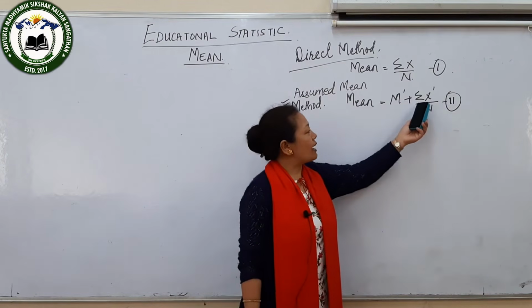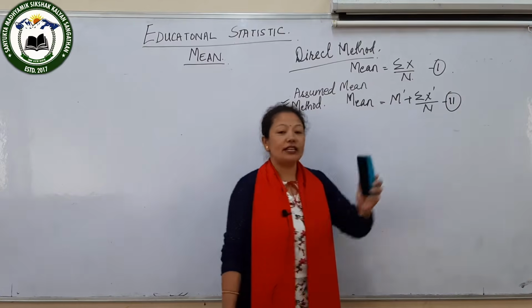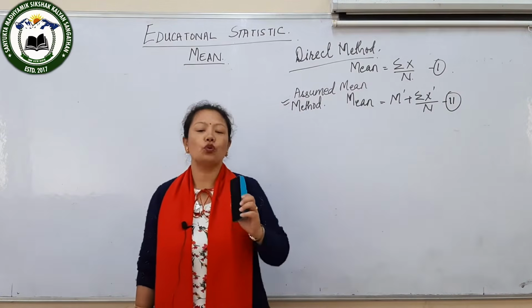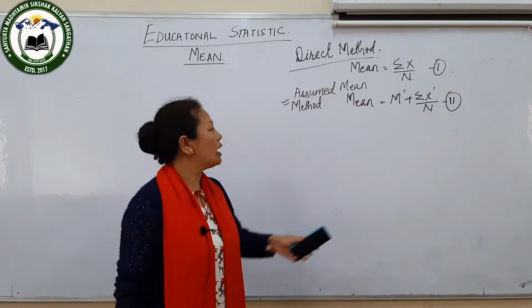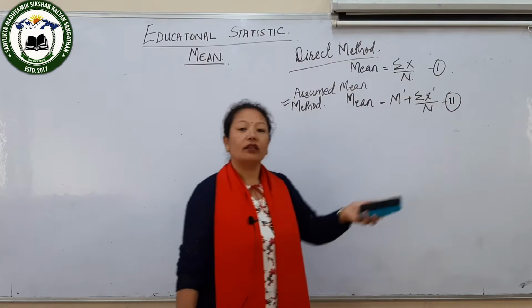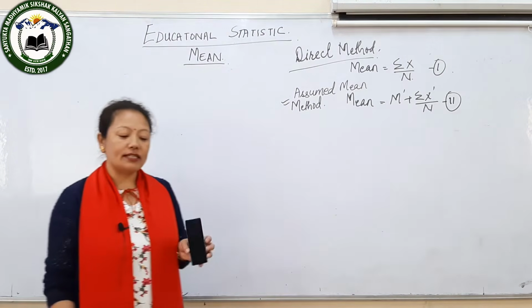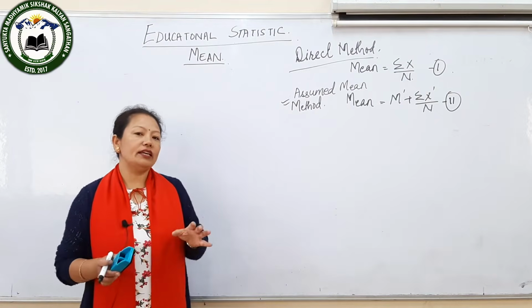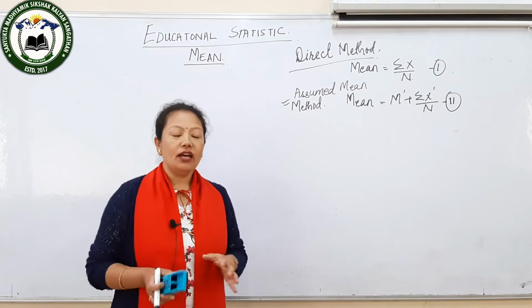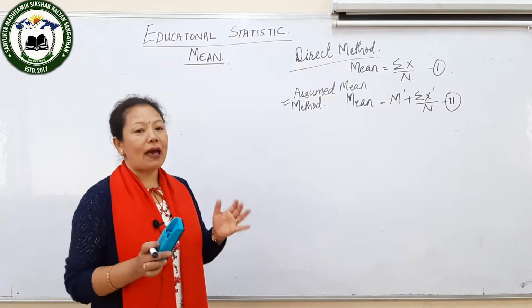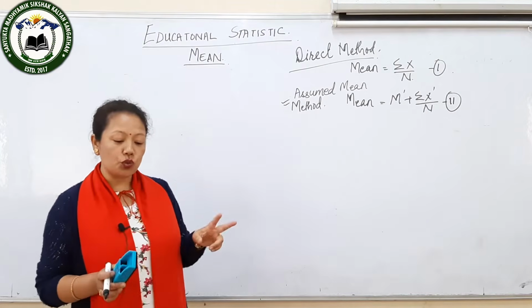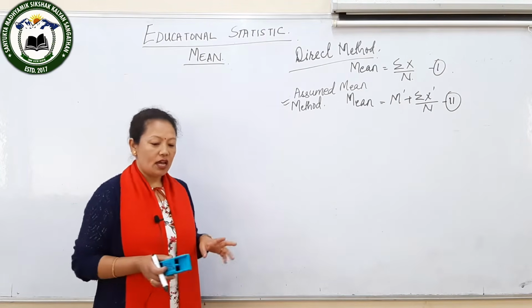So next we have sigma x dash, where x dash means the sum total of all the scores, and n means the total number of scores. Now, as we discussed earlier, the mean is the numerical value that indicates the parity or equality between two dissimilar objects.